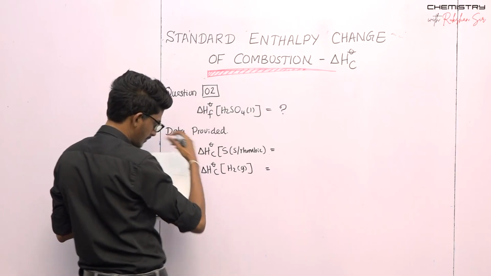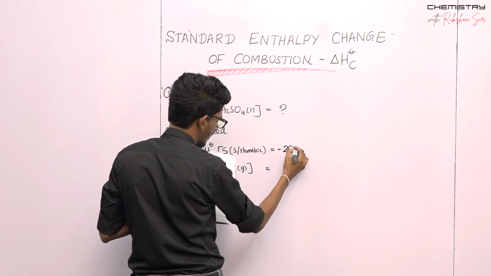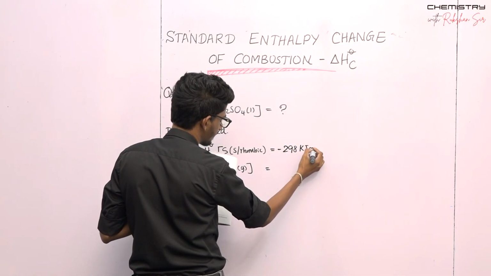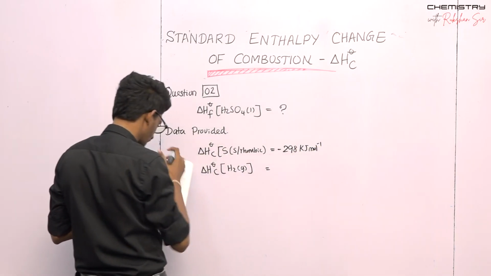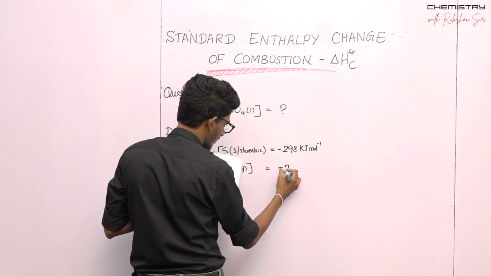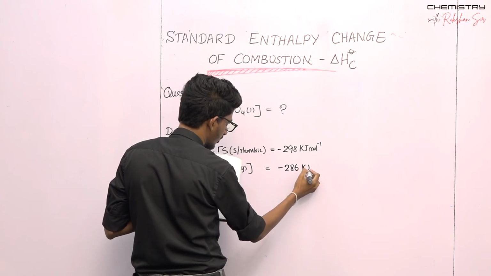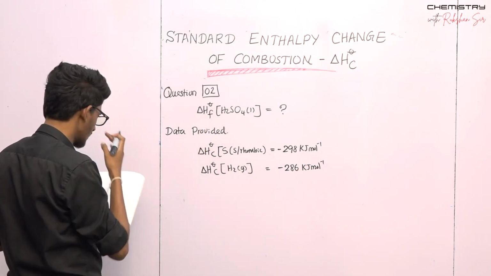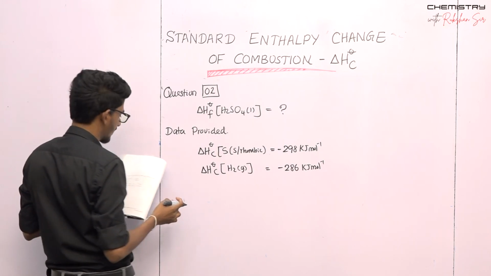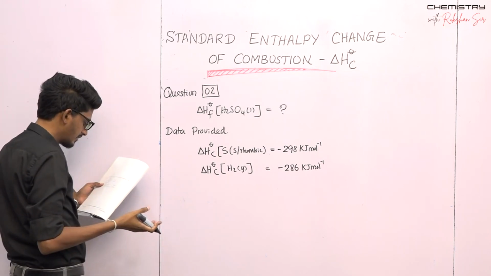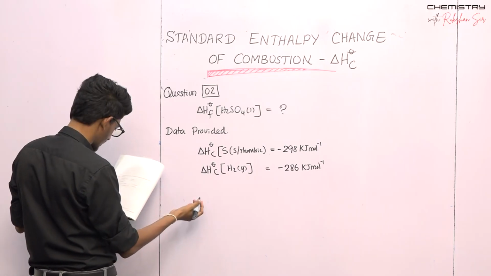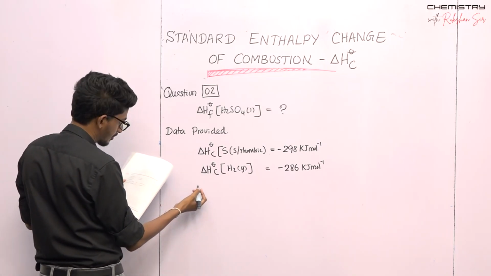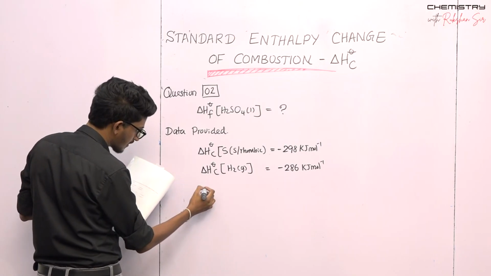The two values are minus 298 kilojoules per mole, and the other value is minus 286 kilojoules per mole, right? So some data are given as equations as well, right? These are another two data given, right? Some enthalpy changes of reactions are given.